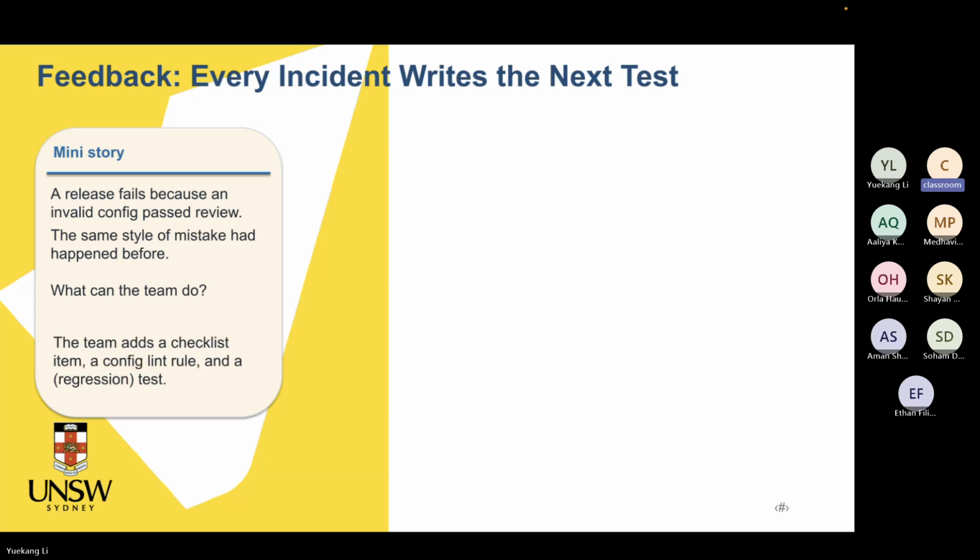What they can do is add a checklist item. They can add a config lint rule, or maybe a new test. And this test is called a regression test.